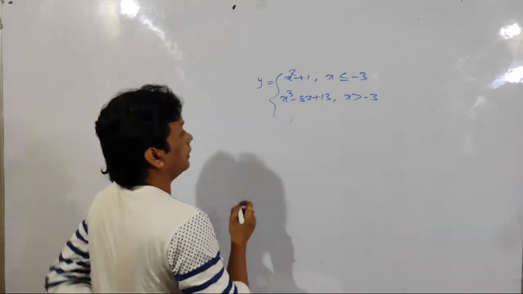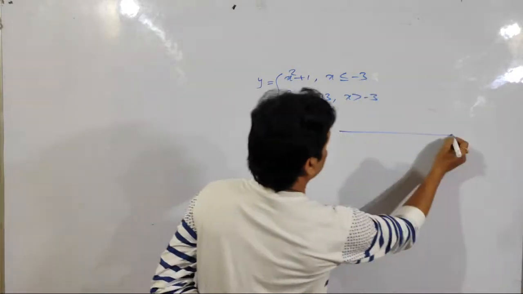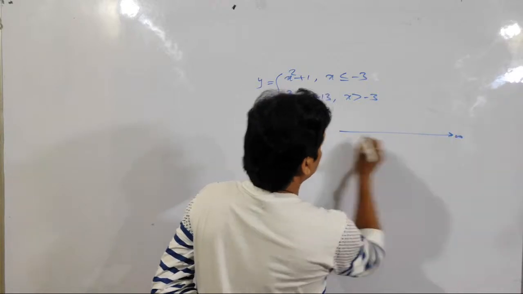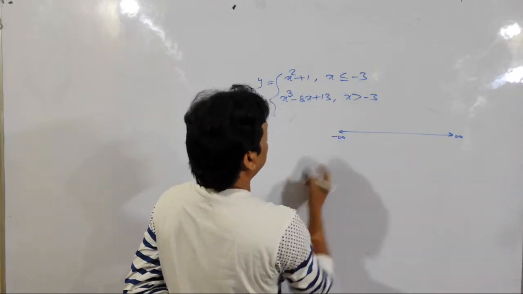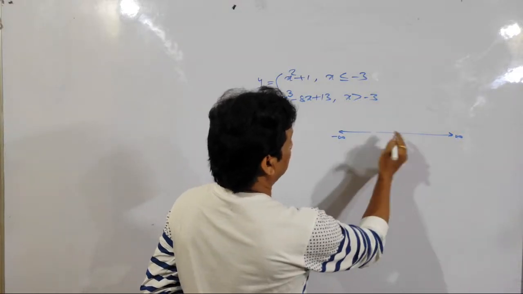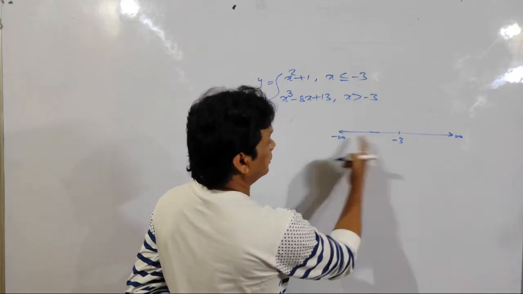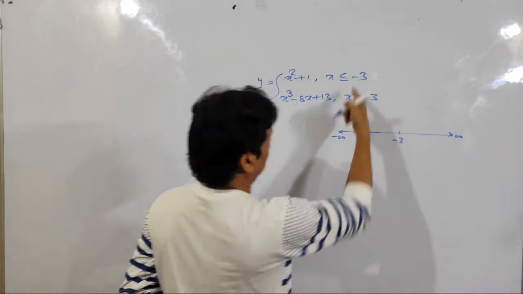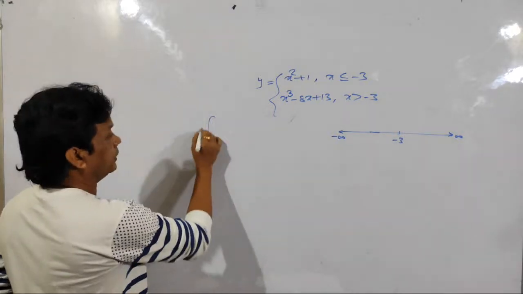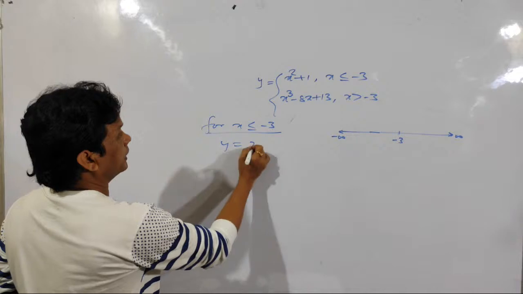For this case, this is infinity, this is minus infinity and this is minus 3. From minus infinity to minus 3, then minus 3 to infinity. Clear? So for x less than or equal to minus 3, y is equal to x square plus 1.